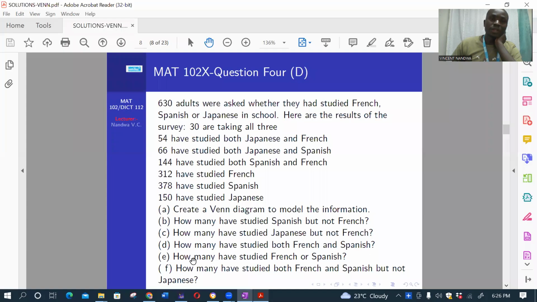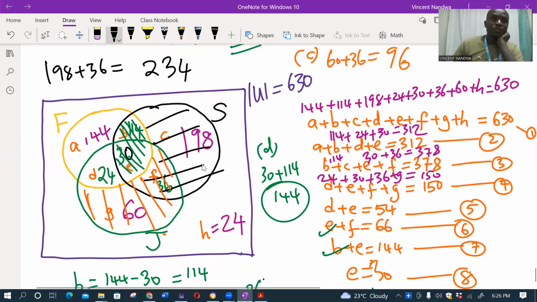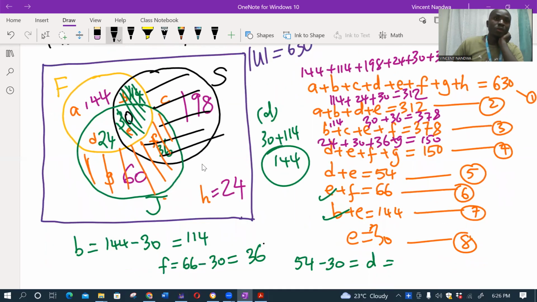But then the next one is how many have studied French or Spanish. So French or Spanish means you are either in F or you are in S or both. So F, S, or both means we have 144 plus 114 plus 24 plus 30 plus 36 and then plus 198.